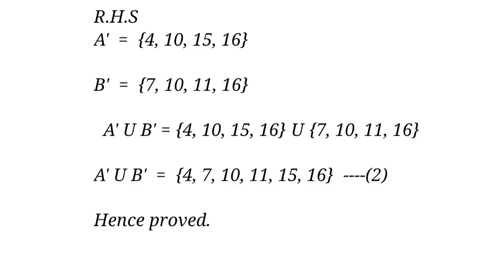That is equation number 2. From 1 and 2, LHS is equal to RHS. (A intersection B)' = A' union B'. Hence it is proved.